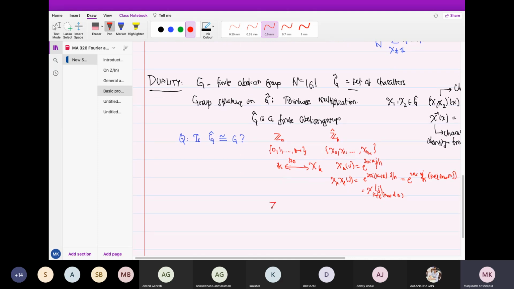What if I have a general abelian group like Zn1 plus Zn2 up to Znp? So I have some n1, n2, np. What is G hat? Do you remember? How do you get G hat of this? Well, you take a character here, and so on.